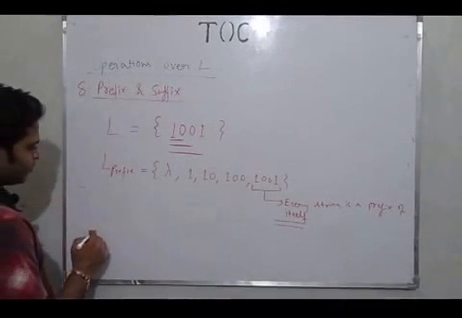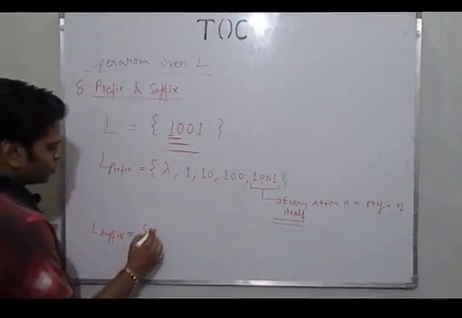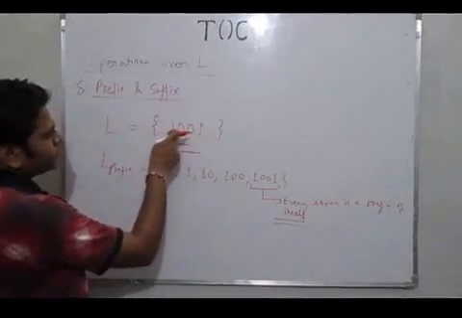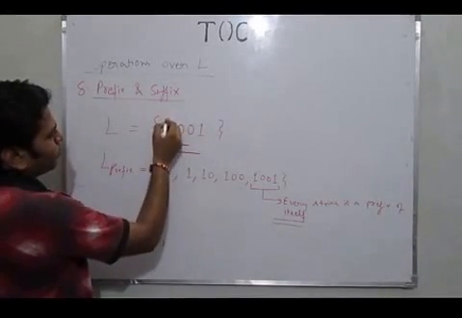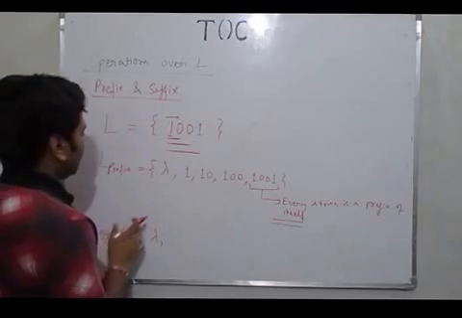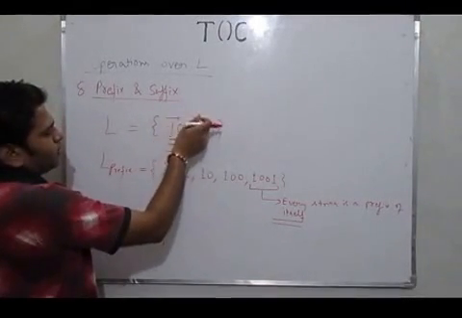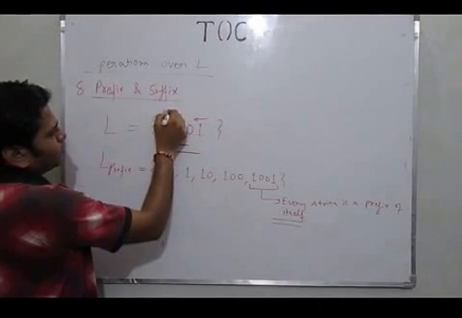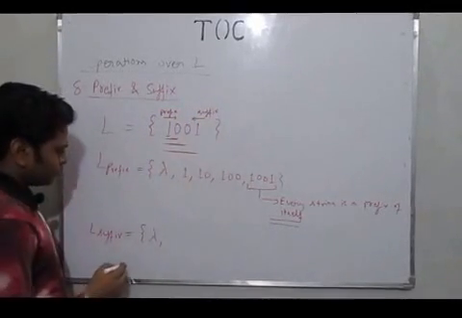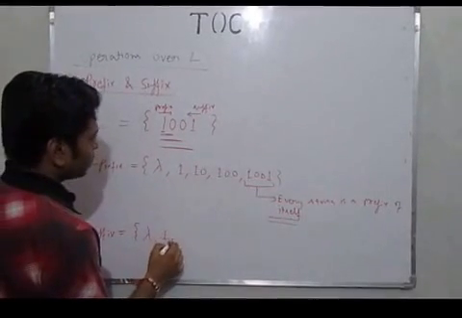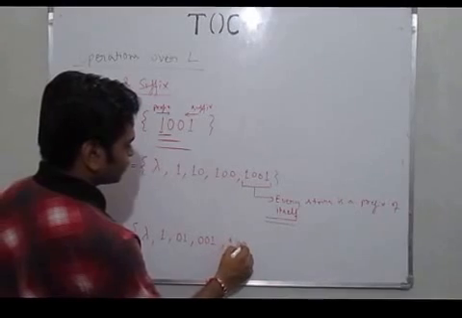Similarly, I can find the suffix of it. What would be the suffix of it? So it would be lambda. We have to start from the end. Fine. When we find the prefix, we always begin from left to right, and when we find the suffix, we always move from right to left. So the suffix would be obtained as 1, 01, 001 and 1001.